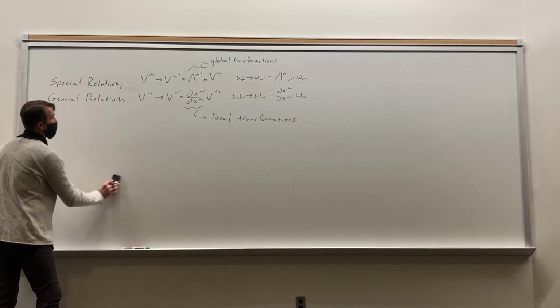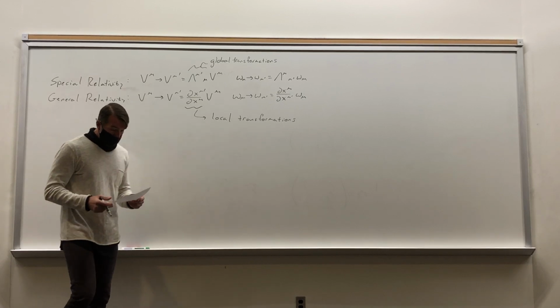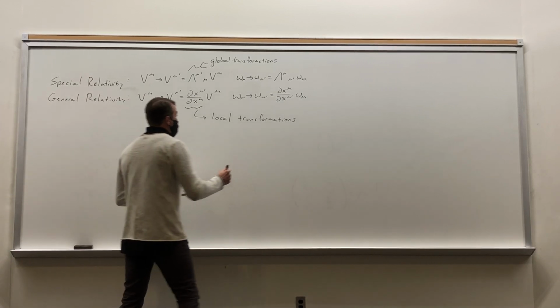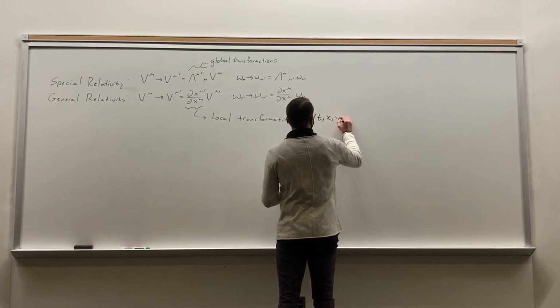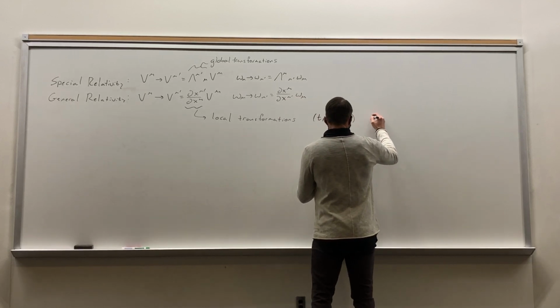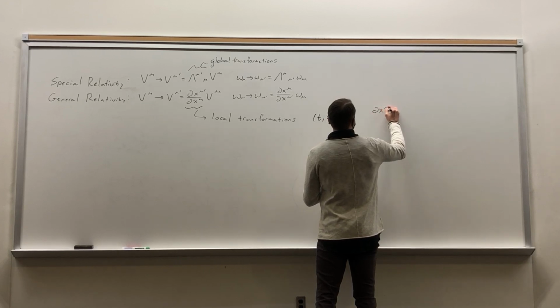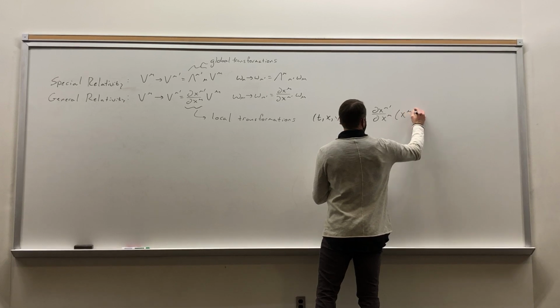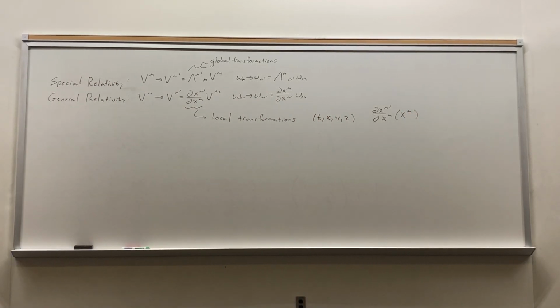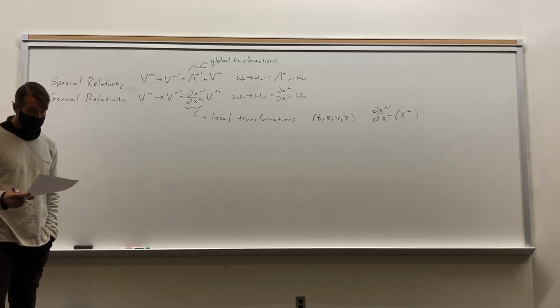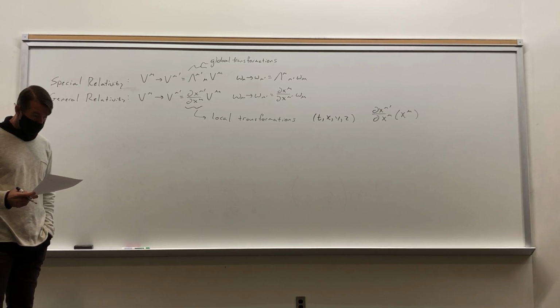Now, one way to notate this is to say if we're working in the coordinates t, x, y, z, then the transformation matrix might be a function of the original coordinates. That is, it might depend on where you are as to exactly what the transformation looks like. Okay?